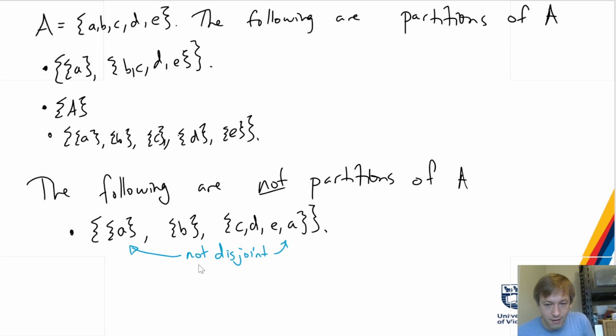In other words, A is in both sets. And in a partition, your sets are supposed to be disjoint.